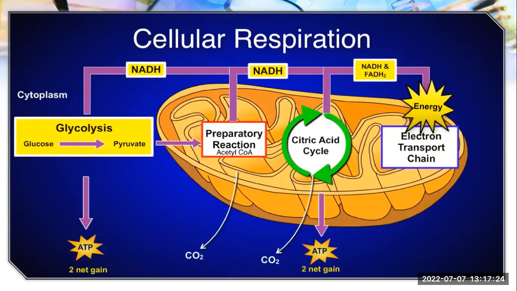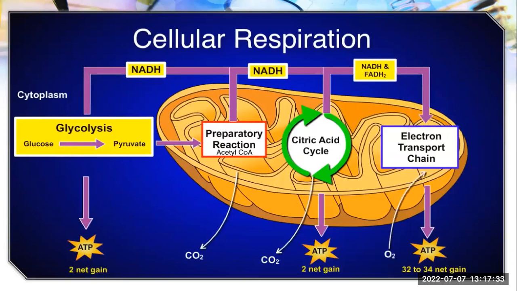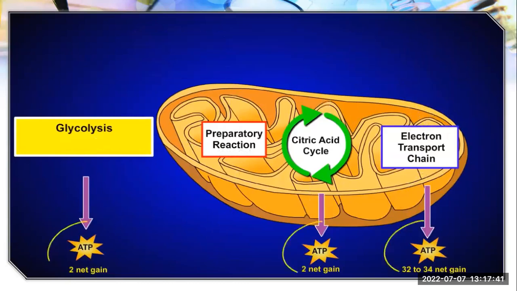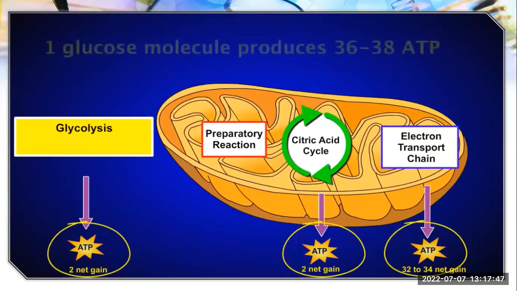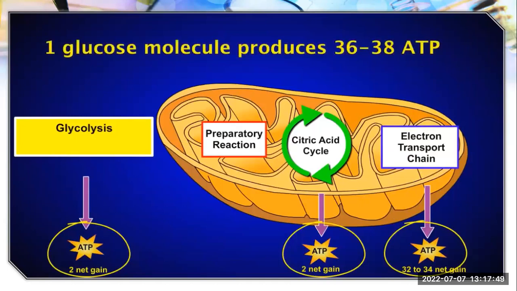Later, this energy will be used for the production of ATP, typically 32 to 34 per initial glucose. Oxygen is used by the ETC as a terminal electron acceptor. It then combines with hydrogen ions to produce water. We add up all the ATP produced from just one glucose molecule. We can see that these reactions produce a total of 36 to 38 ATP.